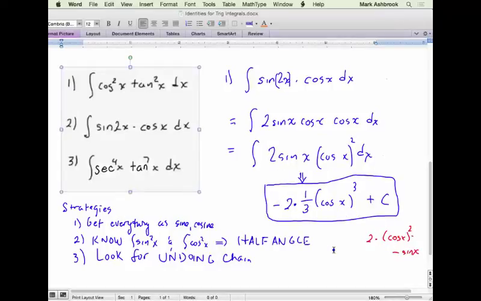Sure. Whenever we see two trig integrals multiplied together, do we always need an identity? Not always, but you usually do use these. Most of them deal with identities. Not all of them, but most of the time you're working with identities to change the form so you can get something that you can do.